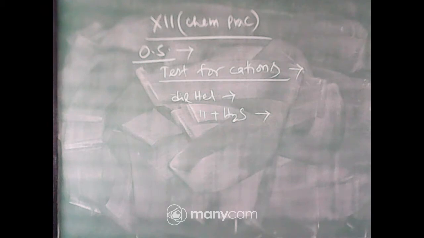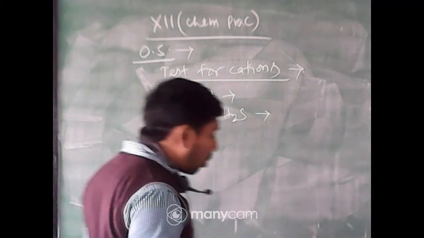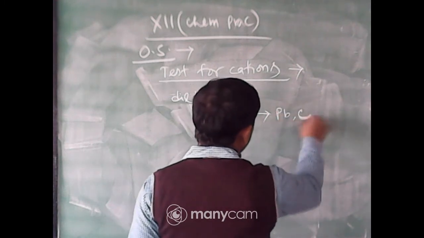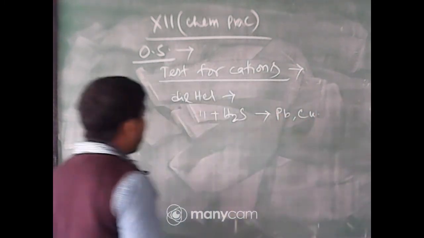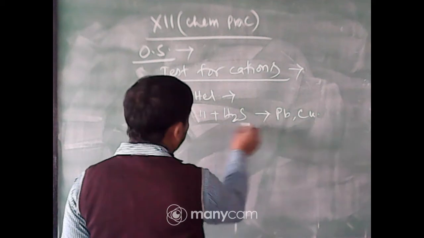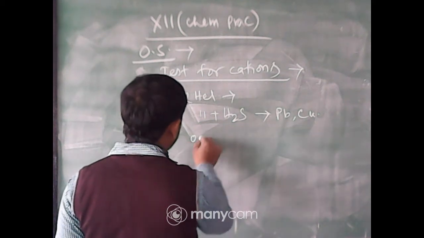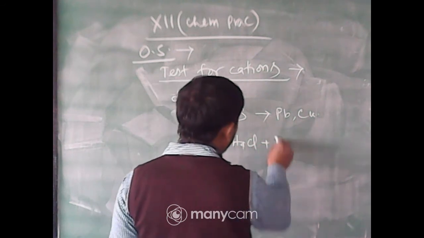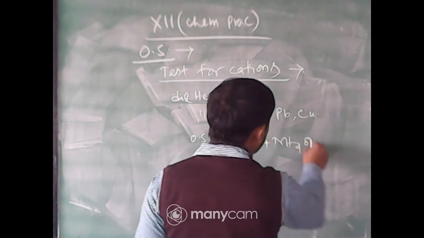You can do it. What are the cations present in group 2? Only copper. There is also lead, copper. Okay. Next, for group 3, that is NH4Cl first, and then NH4OH.